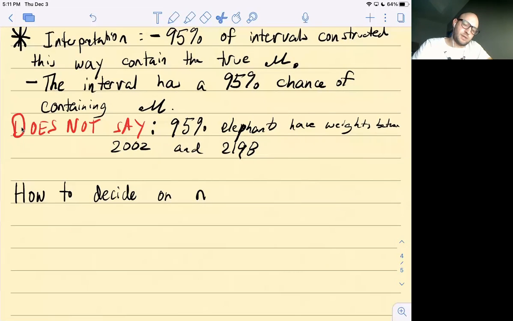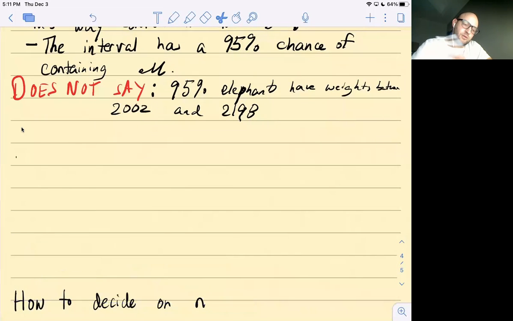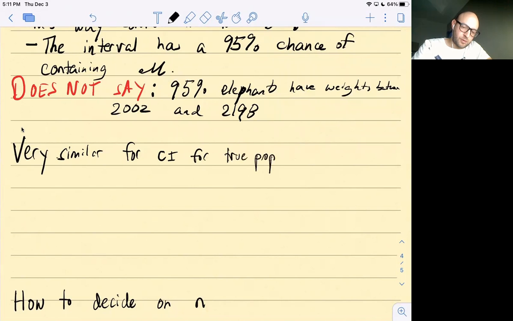So let's move this over. Very similar approach for a confidence interval for the true proportion using the sample.